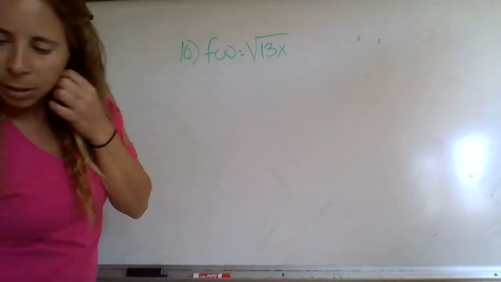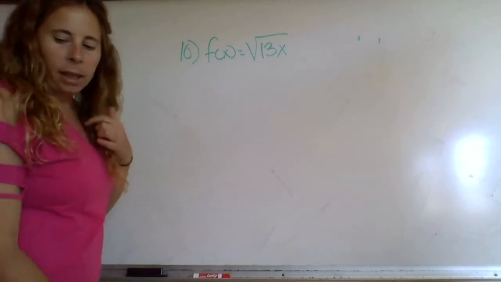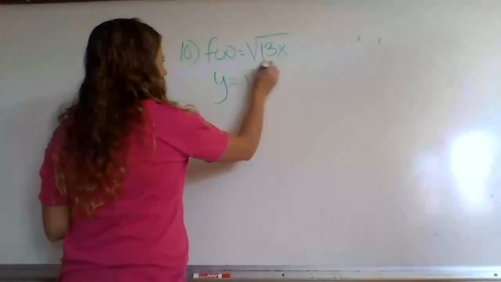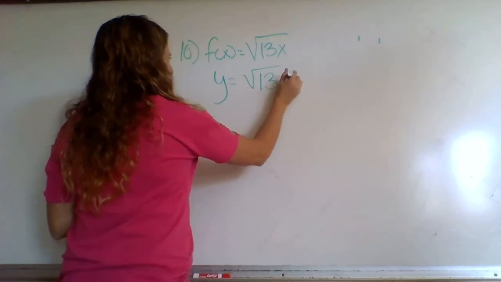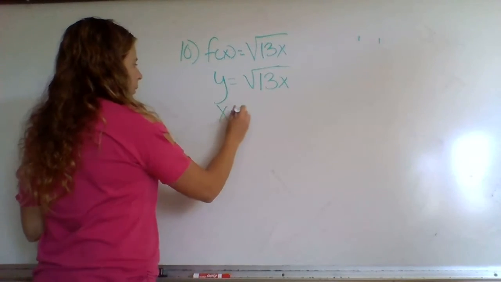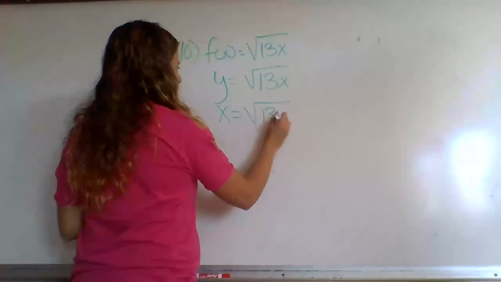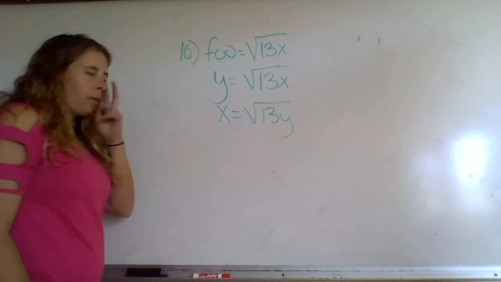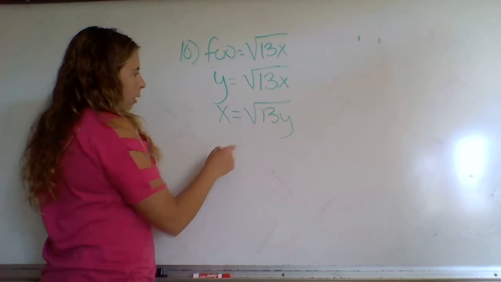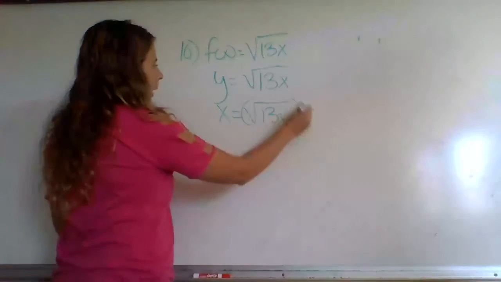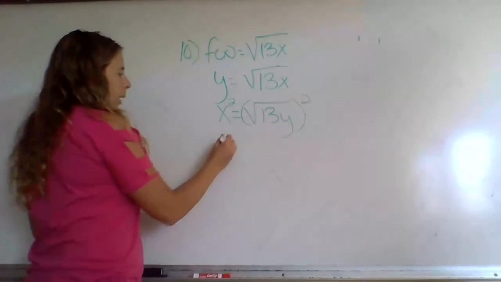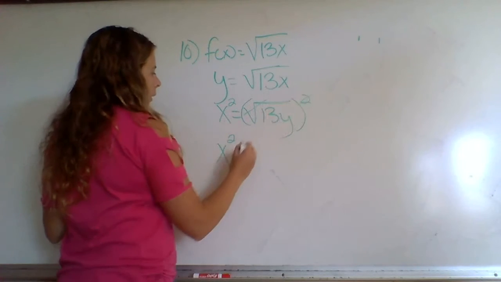Number 10. Find the inverse. So change it to y equals. Swap your variables. Now you're solving for y. To get rid of the square root, I'm going to square both sides. So I get x squared. These cancel each other out.